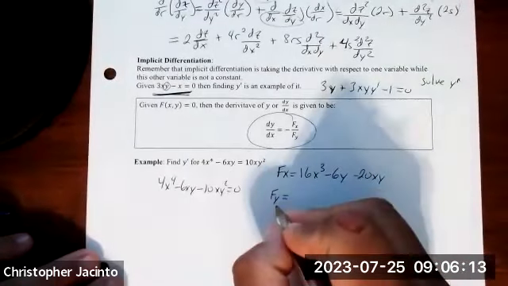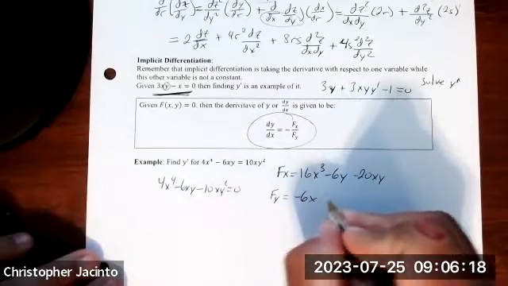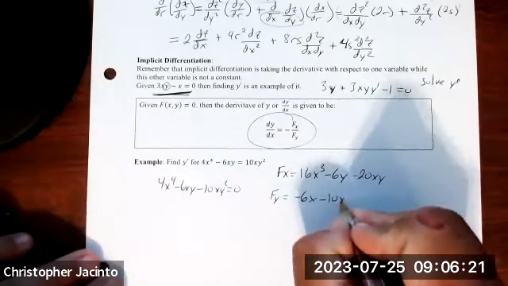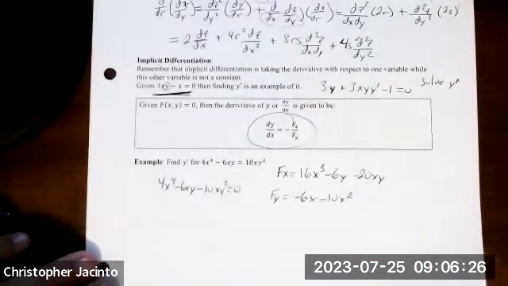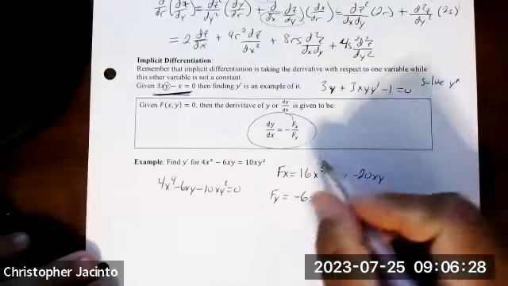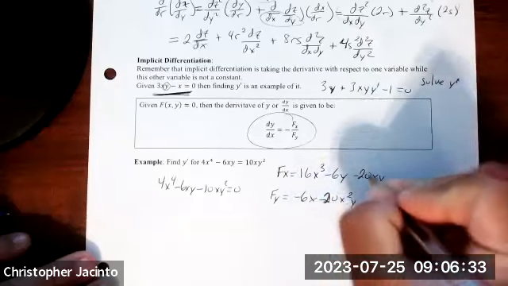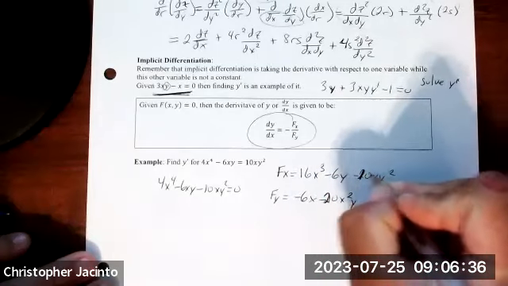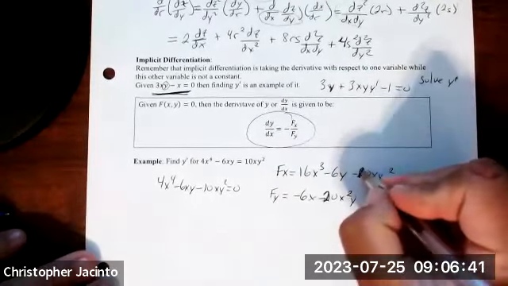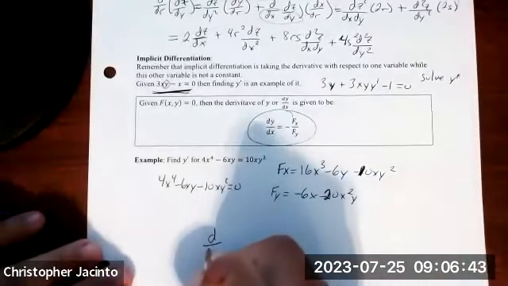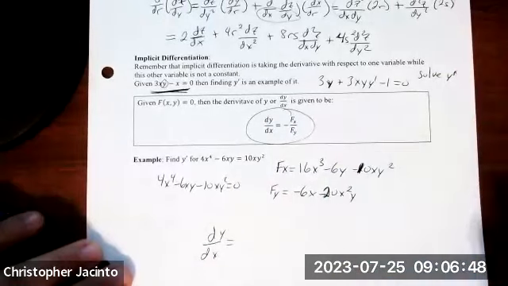And then with respect to y. So that goes away. Oh, no. This is squared on this one. Okay. That goes here. This stays the same. Sorry, I didn't see that there. Okay, so now dy/dx is equal to that divided by that with a negative in front.